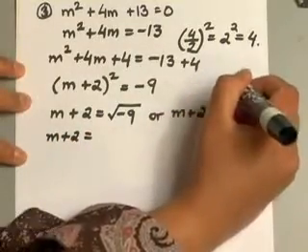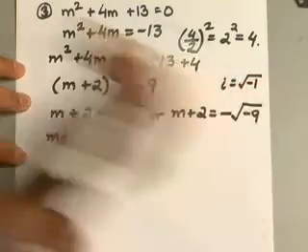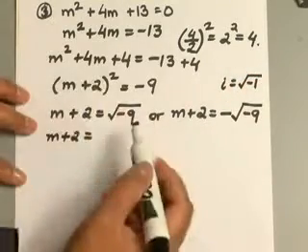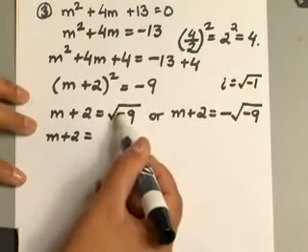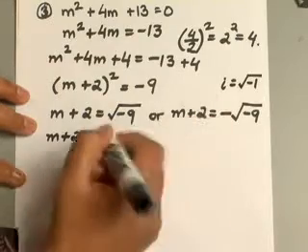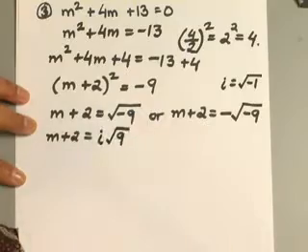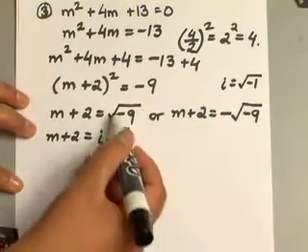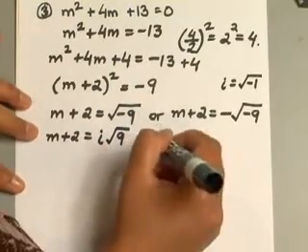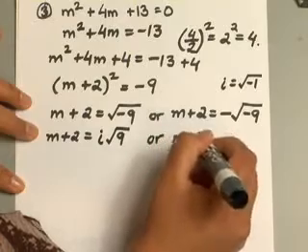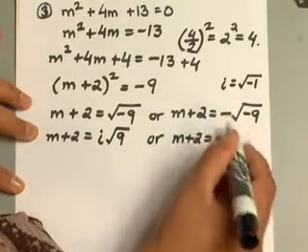Now let's go ahead and simplify the radical term first. Again, remember that i equals square root of negative 1. So we will take the negative outside of our radical by using the number i, and you're left with i times square root of 9, positive 9.